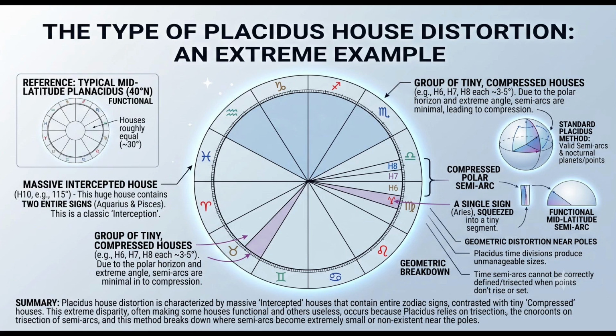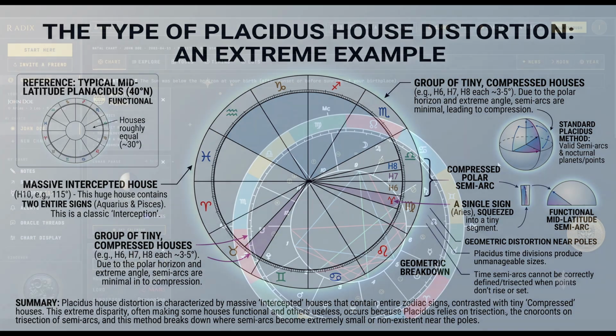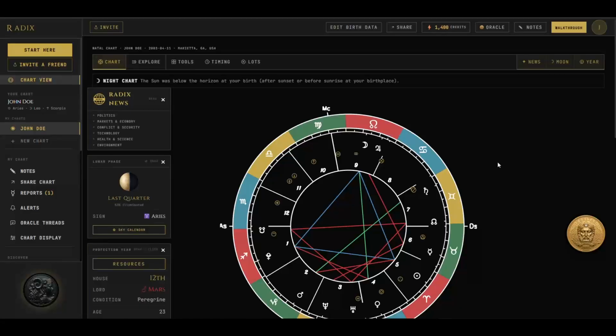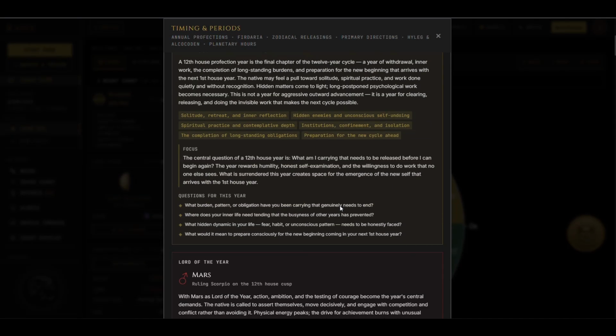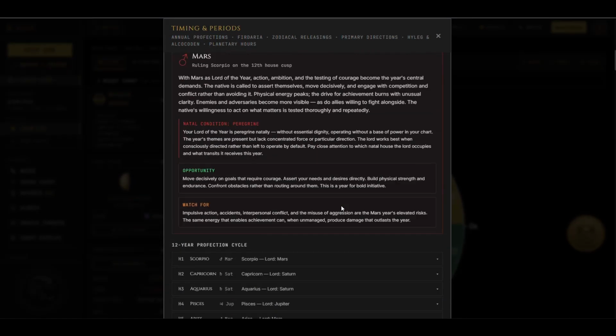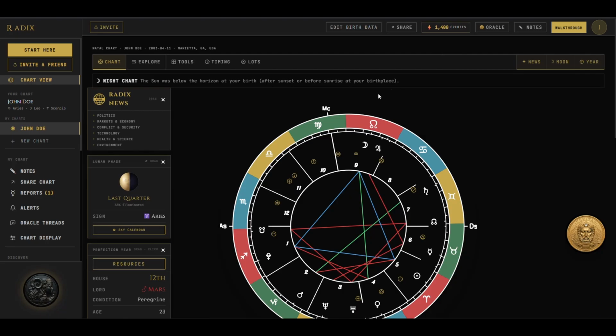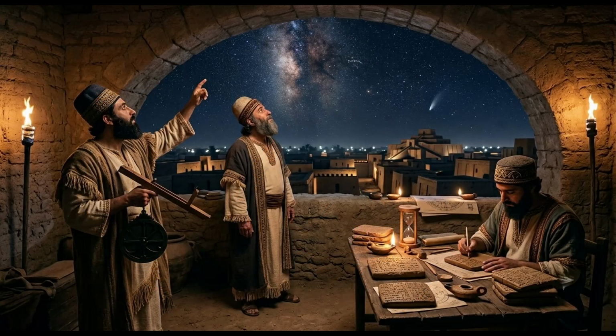Alcabitius was the undisputed standard for Western astrology for centuries, roughly the 10th to the 15th centuries. The most famous and foundational texts of medieval, early Renaissance astrology, such as those by Guido Bonatti, were written using the Alcabitius system. Traditional astrologers argue that a system used successfully by the undisputed masters of the craft for hundreds of years is inherently more reliable than modern experiments.